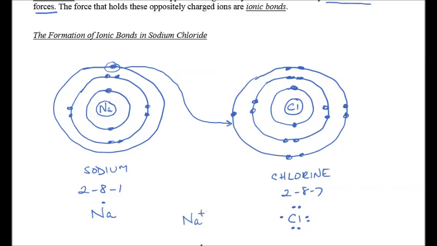Chlorine that took the electron will now be a chlorine ion with a minus charge, and then we put the chlorine in a bracket just for convention. But we see we have a positive charged sodium ion, a negative charged chloride ion, and it's the attraction of the opposite charges that form the bond. This is a bond of ions, or an ionic bond.